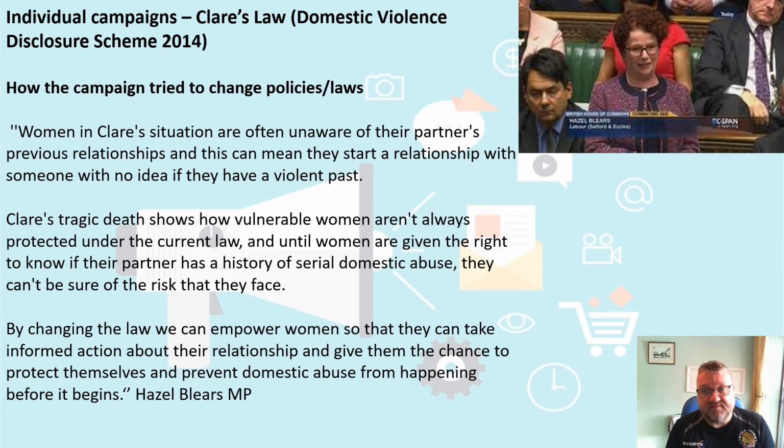And until women are given the right to know if their partner has a history of serial domestic abuse, they can't be sure of the risk they face. By changing the law, we can empower women so that they can take informed action about their relationship and give them the chance to protect themselves and prevent domestic abuse from happening before it begins.